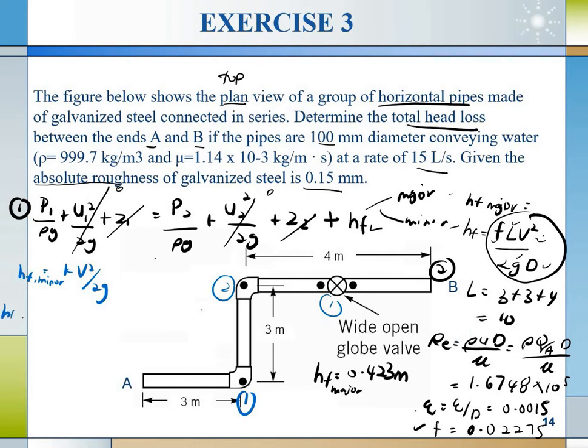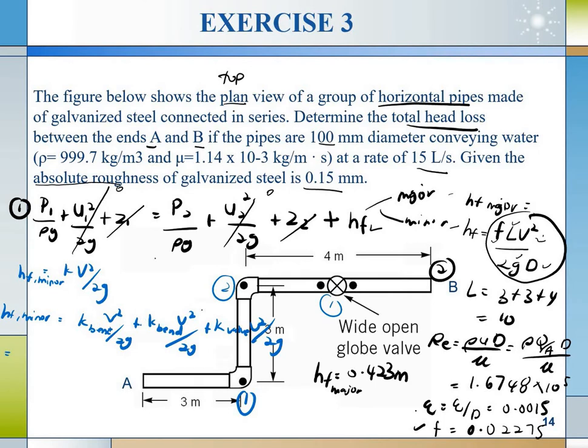So for the HF minor, K bend V squared over 2G plus K bend V squared over 2G plus K valve V squared over 2G.